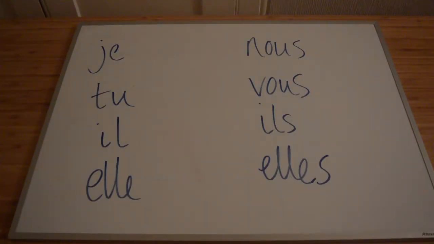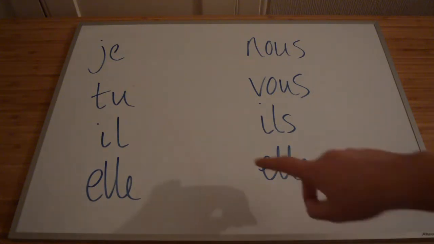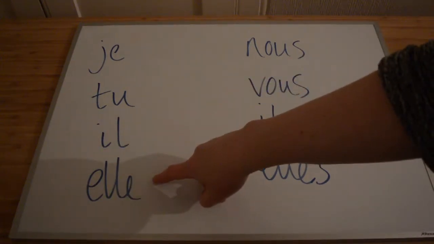To use reflexive verbs, you need three different parts. The first part you can see here on the board. These are pronouns. We have these both in English and in French. So, for example, the first one there on the board, je, means I. You would use this if you were talking about yourself. Tu, you, singular, so you're talking to one person directly. Il means he. Elle means she.